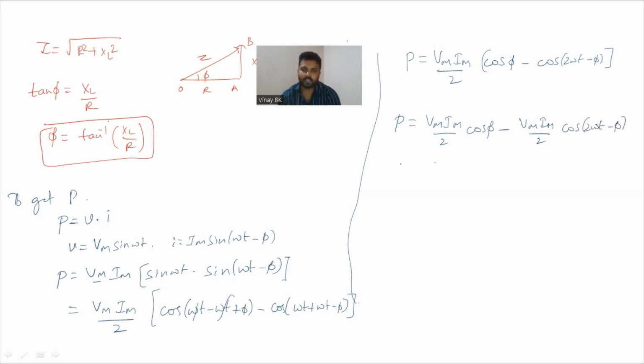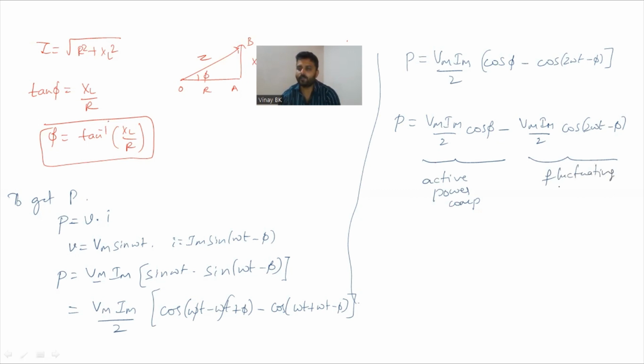So this power has two components. The first component, Vm Im by 2 cos phi, is nothing but the active power component, and the other is the fluctuating power component.